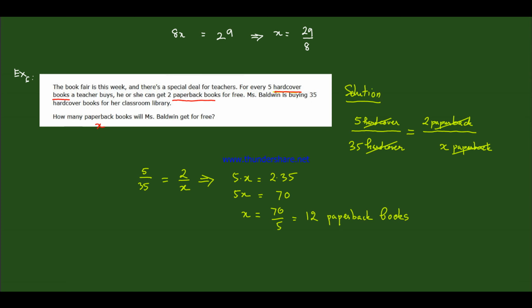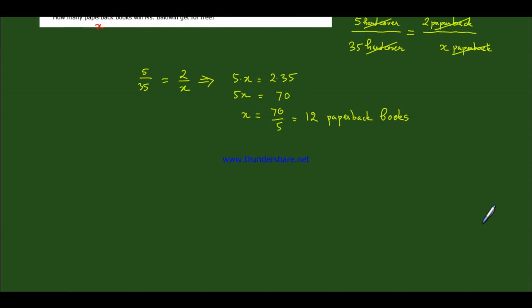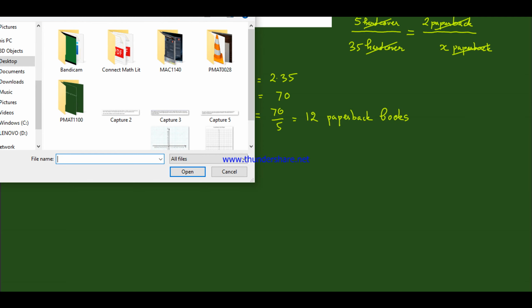Alright. Okay, let's see. I can give you another one. Proportion is very useful, I can tell you that. So problem number 6. Let's see if I can pull up another one or not.